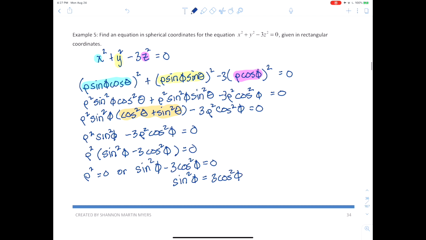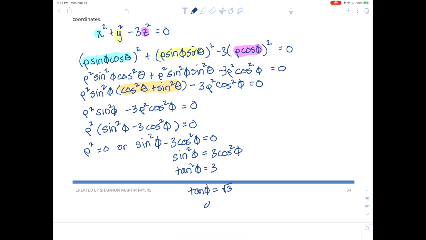But then if you divided both sides to isolate that constant, do you see you'd get tangent squared phi is equal to 3. If you square root both sides, we would get tangent phi is equal to the square root of 3, so then what we'll get for phi, sorry I can't talk today, is going to be pi over 3.